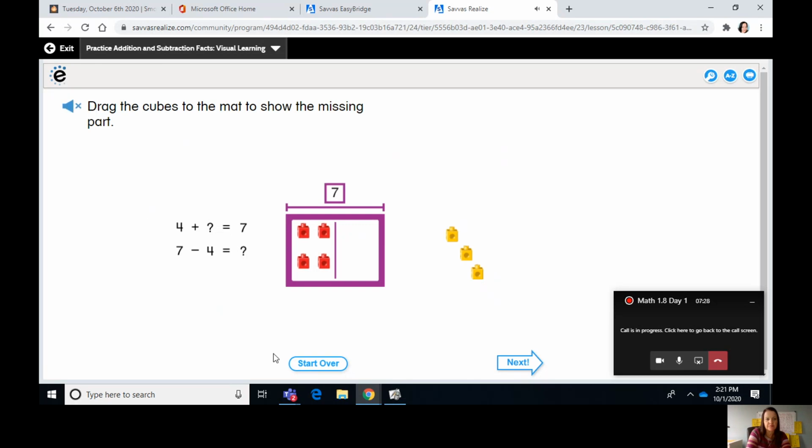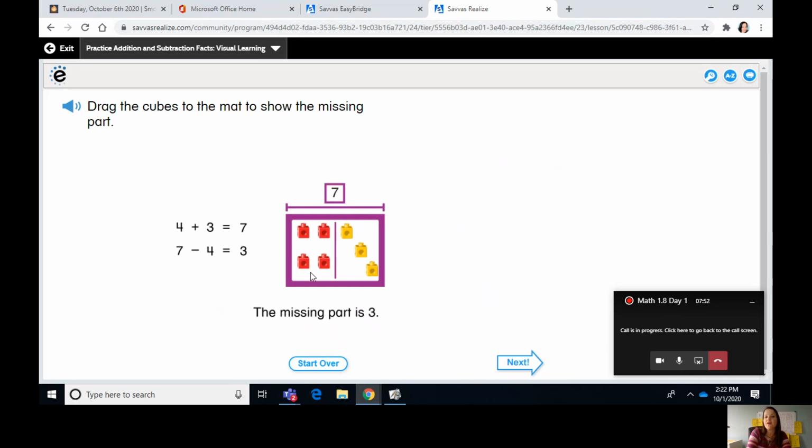Drag the cubes to the mat to show the missing part. The missing part is 3. So we count up our cubes here. 1, 2, 3, 4, 5, 6, 7. Part, and our whole. Remember, our whole is at the top when we have a bar diagram.